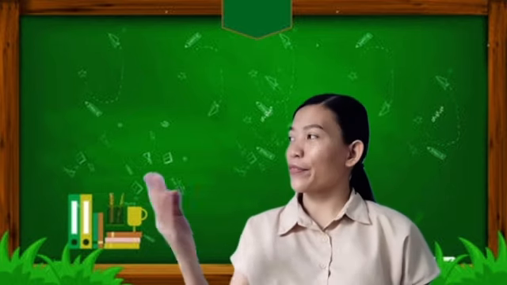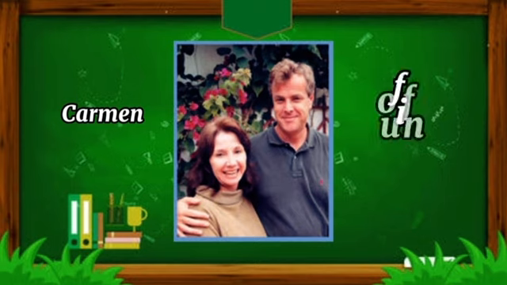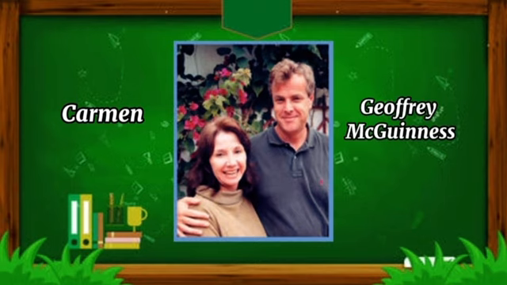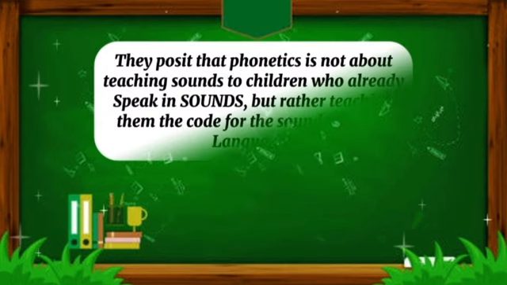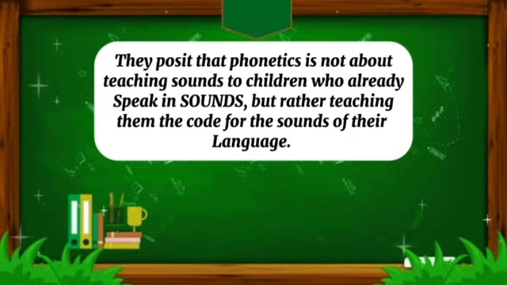Third is the Phono-Graphix. In 1996, Carmen and Geoffrey McGuinness developed a new paradigm in reading instruction. They posit that phonetics is not about teaching sounds to children who already speak in sounds, but it is about teaching them the code for the sounds of their language.